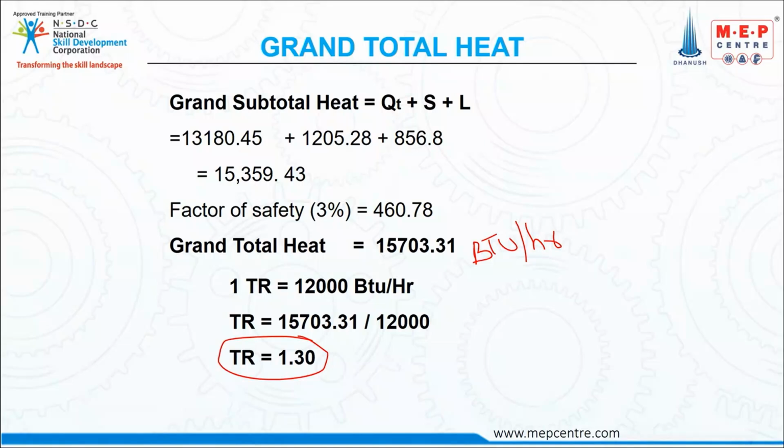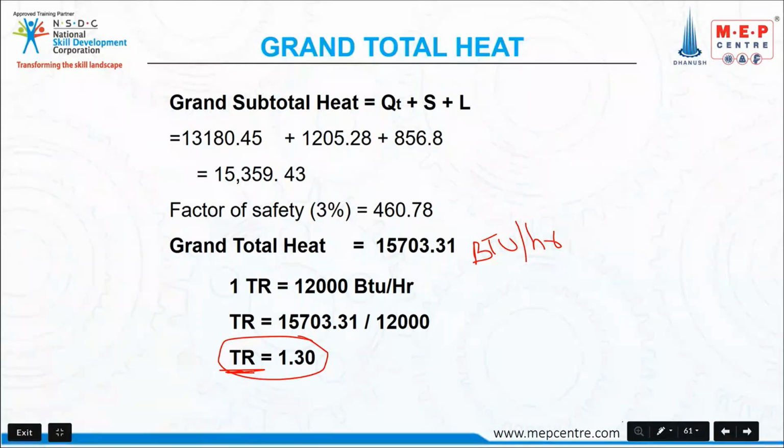All direct refrigeration system machines are selected with respect to the TR value. Be it window AC, split AC, ductable split, VRV, or package, all these machines we select according to TR.